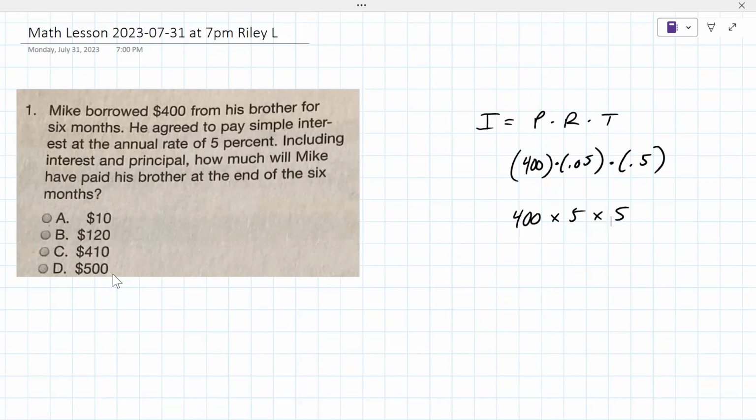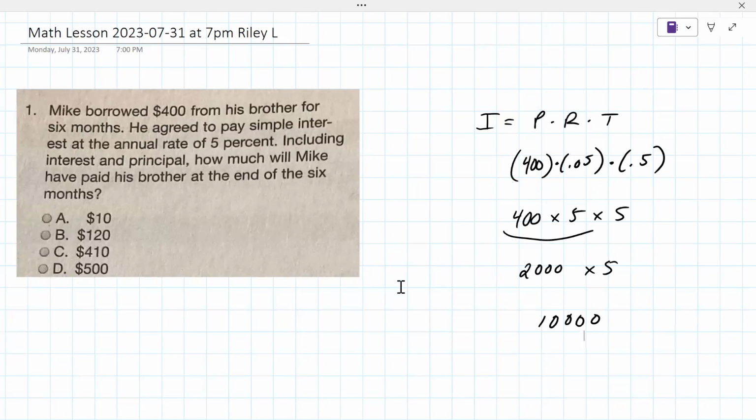Most of the answers are lower than the original amount. Right, but what is 400 times 5? Hold on, let me do it again. $2,000, and then times another 5 gets you to 10,000, right?